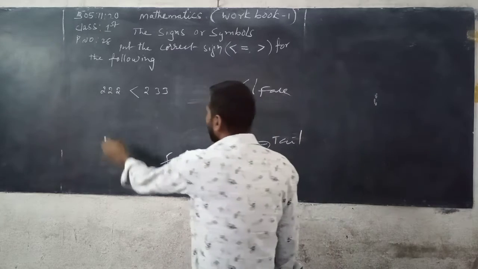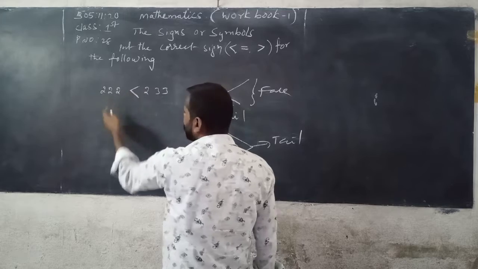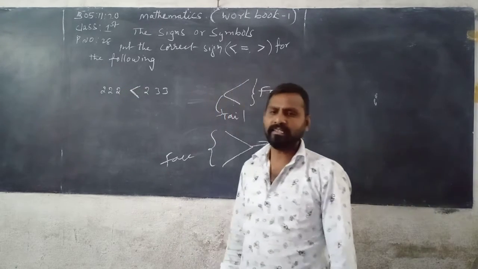See here, 222 and 233, so 233 is a bigger number than 222. Then the face side means you can use the less than symbol.